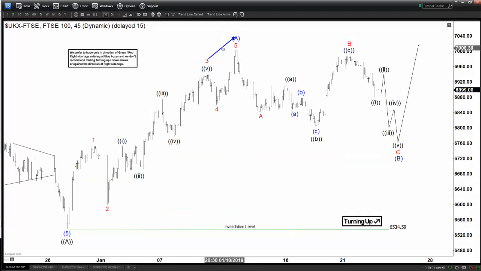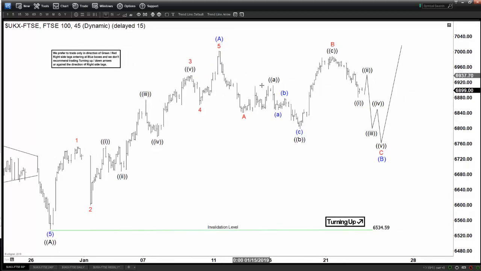Okay, and now we are looking for a correction here in the wave P, to correct the entire 5 waves up. And this correction now looks to be taking the form of a flat, right? It's a regular flat in which you got wave A, you got a wave B, and then now you will have another leg lower with C.